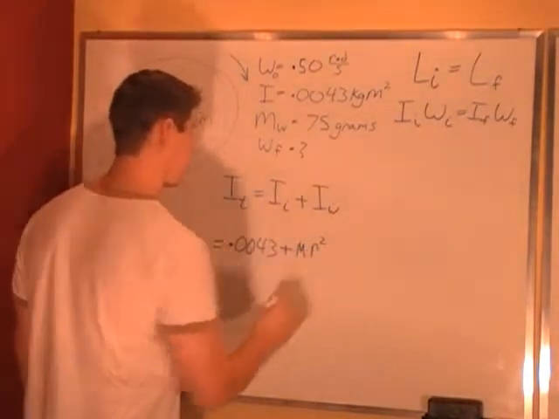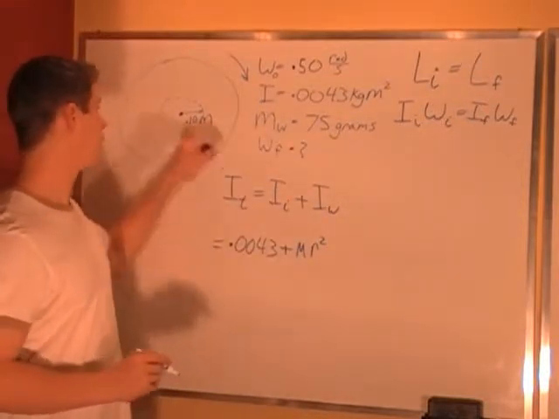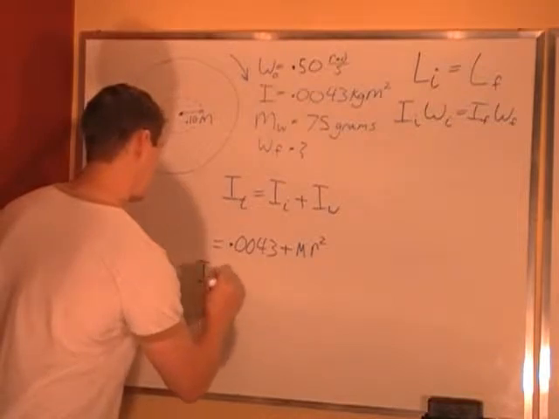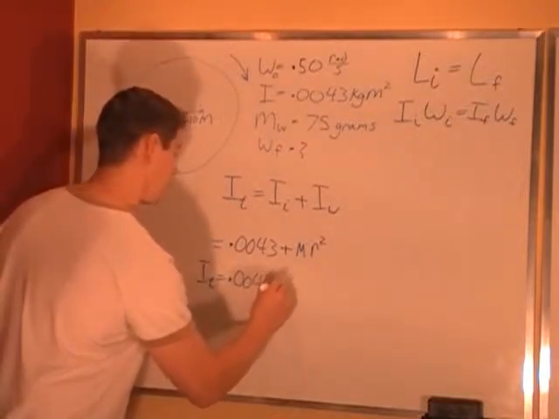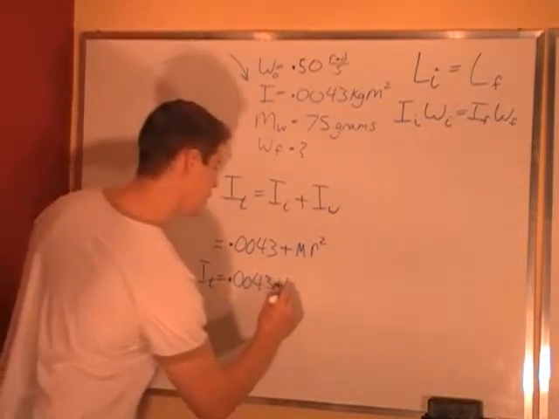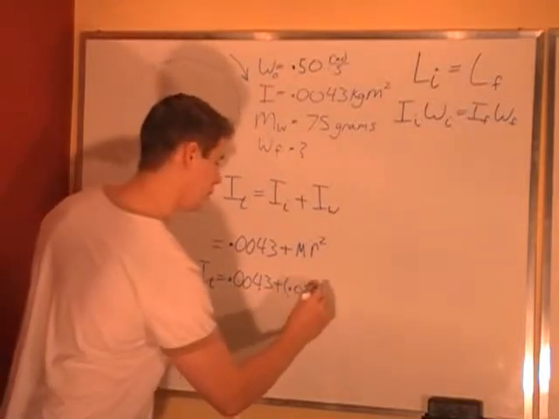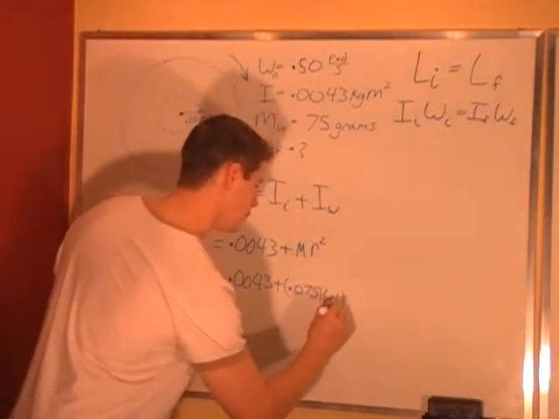We know the mass of the water, and we know the radius of the water, so we can figure out our total moment of inertia. It is 0.0043 plus the mass, 75 grams in kilograms, which is 0.075, times the radius, 0.1 meters, squared.